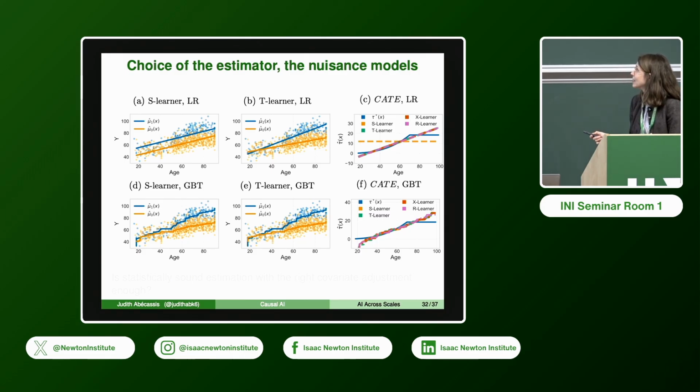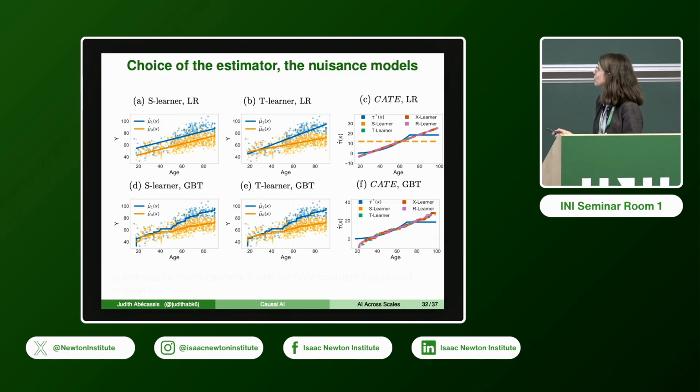But we actually see that more complex models, like gradient boosting trees, also don't capture this subtle effect here. A reason for that is that we will have very few individuals in this covariate space with very old people. And there is some limit to what machine learning and causal inference can do with the data.